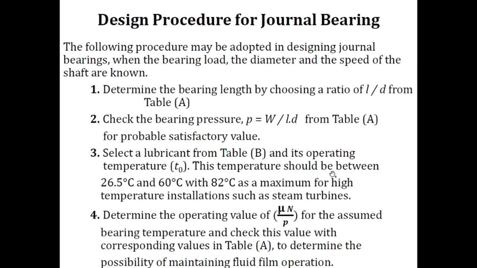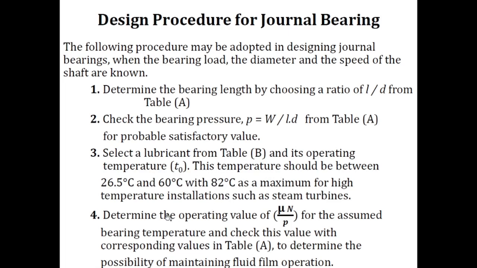And this temperature should be between 26.5 degrees Celsius and 60 degrees Celsius, with 82 as a maximum for high temperature installations such as steam turbine. So here it is mentioned that the advisable temperature range is from 26.5 to 60 degrees Celsius, except in other cases it is 82.